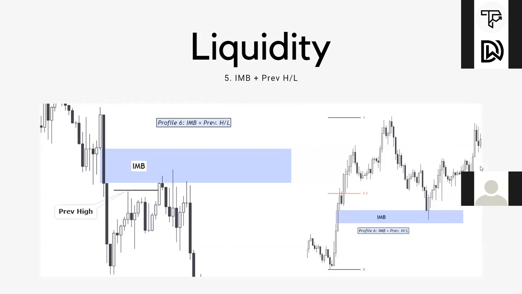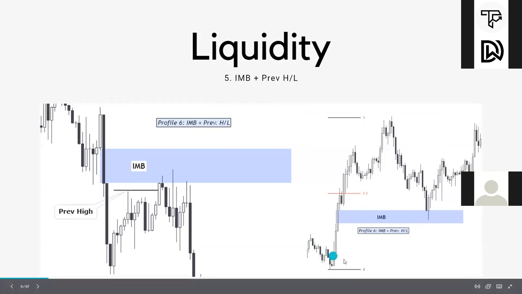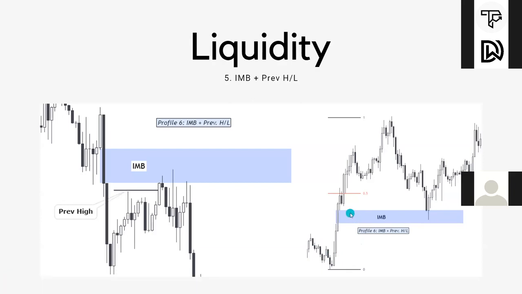What we have over here, the first one is the imbalance. Then we obviously have order blocks down below, but the first liquidity point in the discount is the imbalance. So you have to combine a few things with it, and on later slides, in live examples, I'll show you more on that. But in this case, we had an accumulation, price was accumulating.